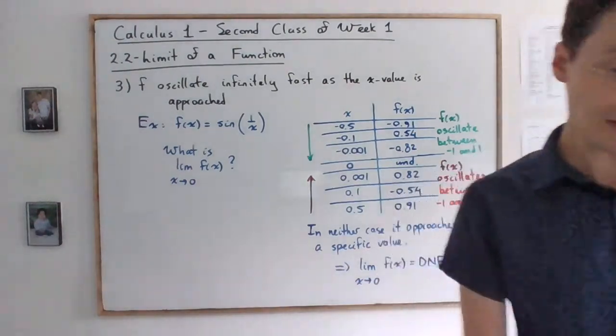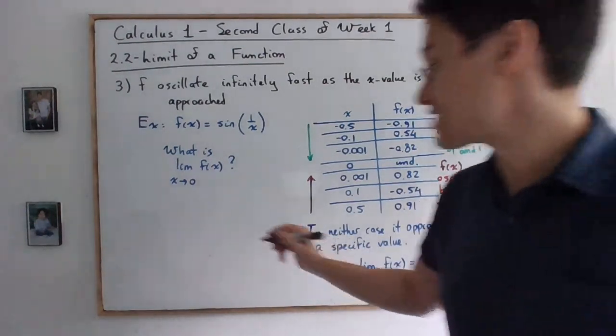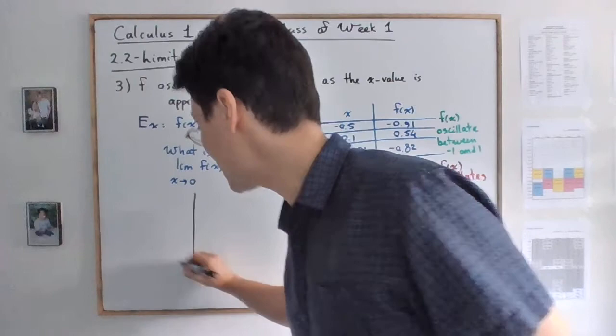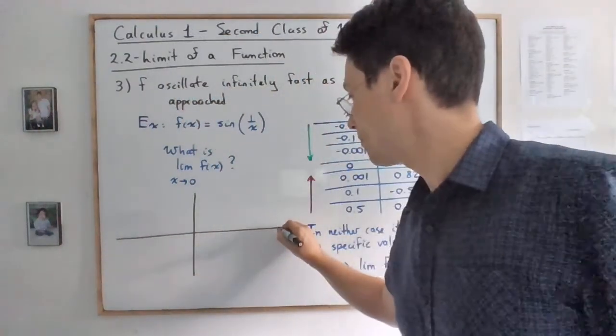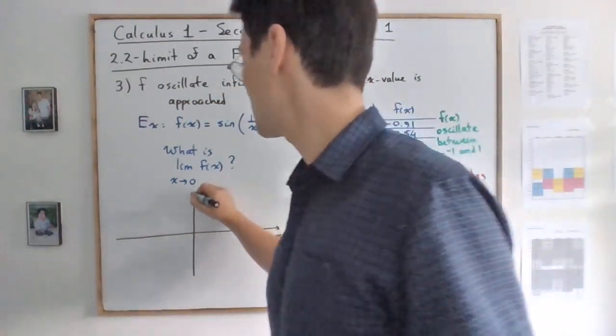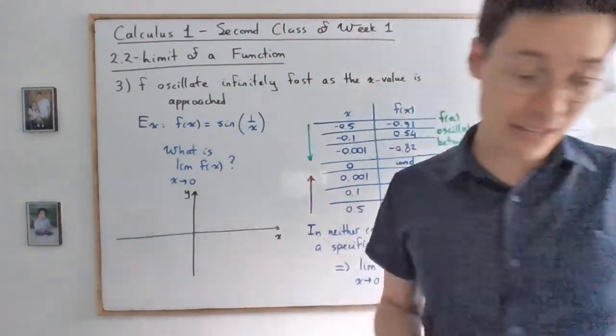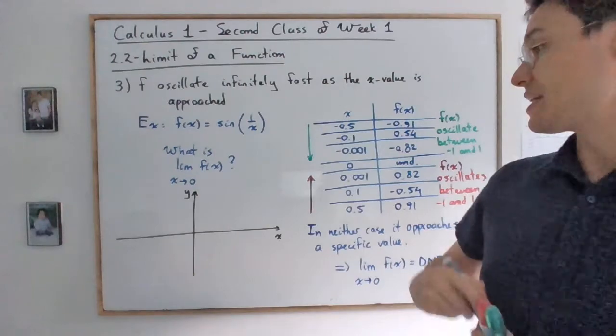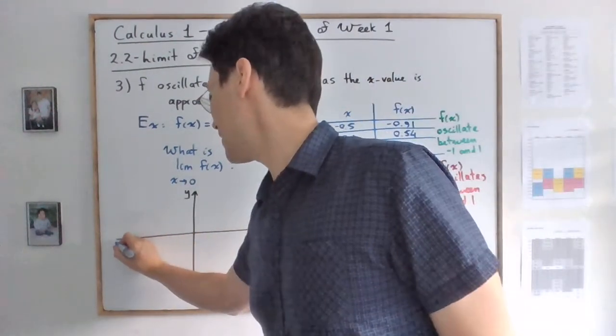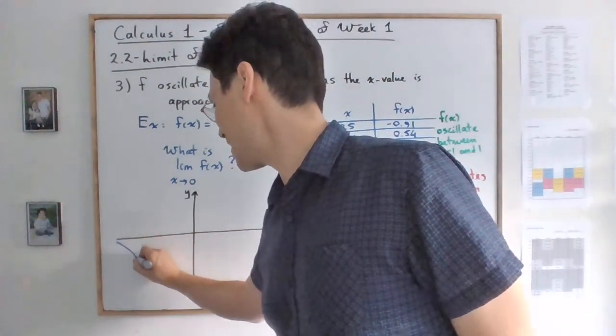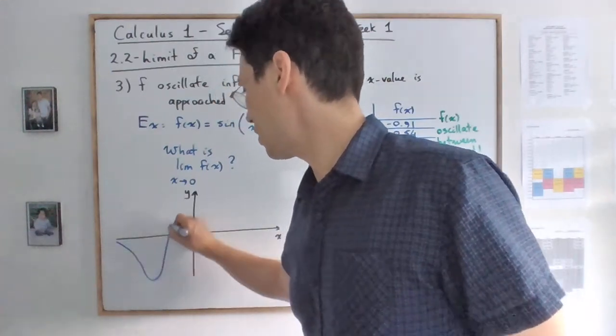I want to finish this video by sketching what this function looks like. When x is a very large negative value, the sine will be negative. It will start somehow like this, and then it will oscillate.